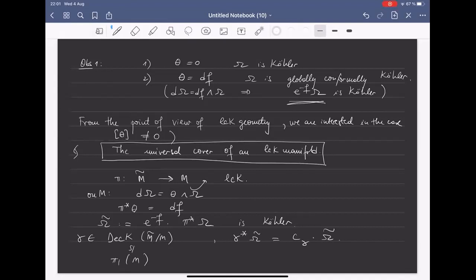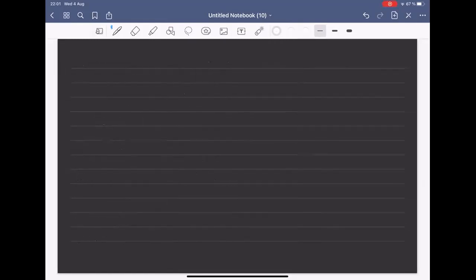So why is that? This is because if we write down the pullback of omega tilde via gamma, so this is gamma star of e to the power minus f times the pullback of omega, which is the exponential of minus the pullback of f times the pullback via pi of omega.